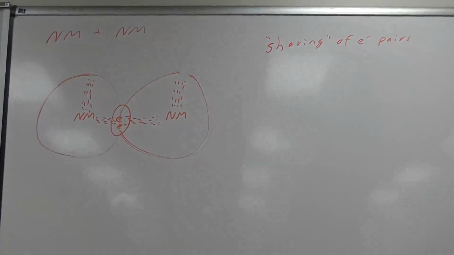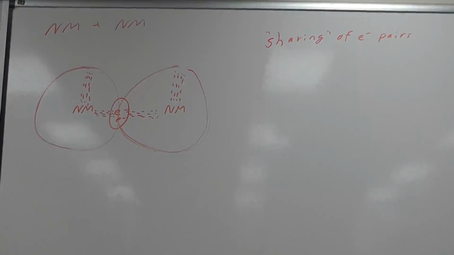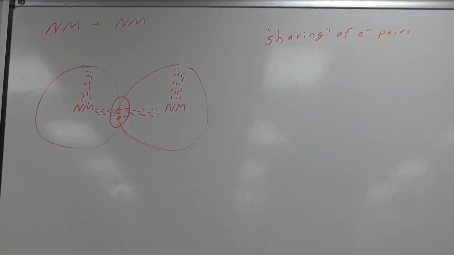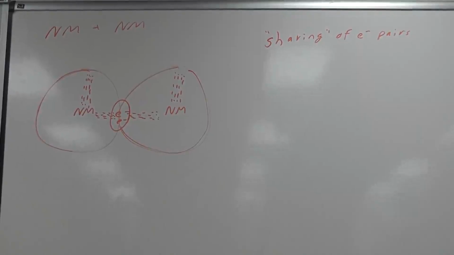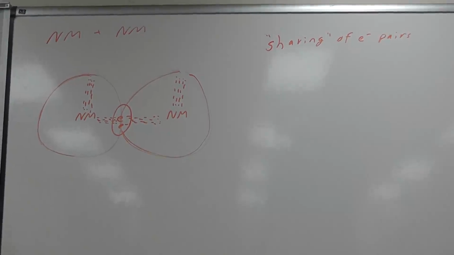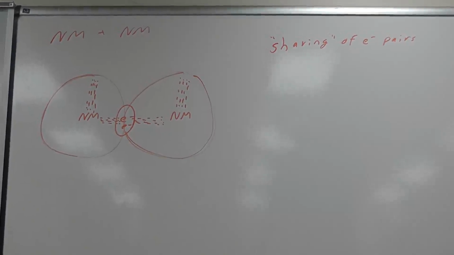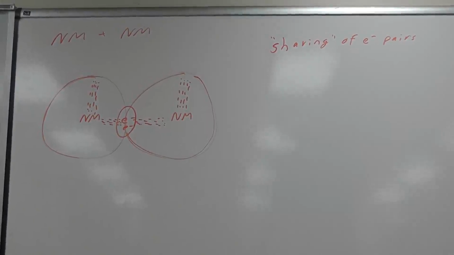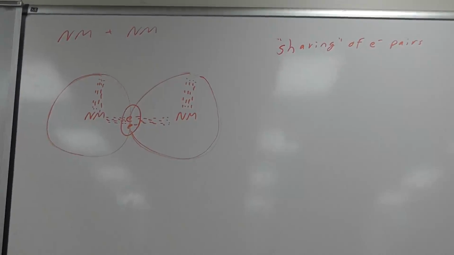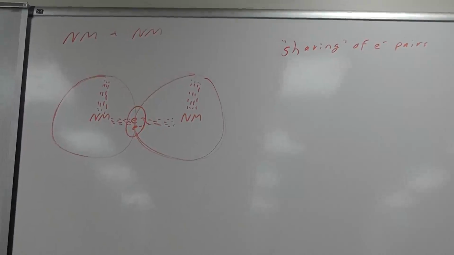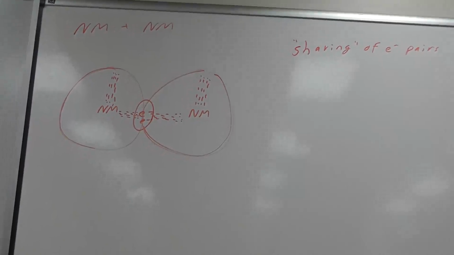Go ahead. And so a nonmetal is going to win the electron because it's stronger. Yes. But in this situation, where they're both rather strong, neither one is going to truly win, because neither one is completely able to strip the other one away. Does that make sense? Do you see the difference? Okay, go ahead.